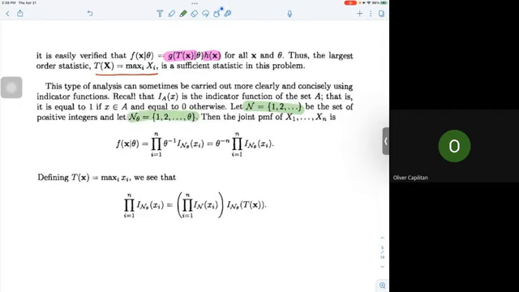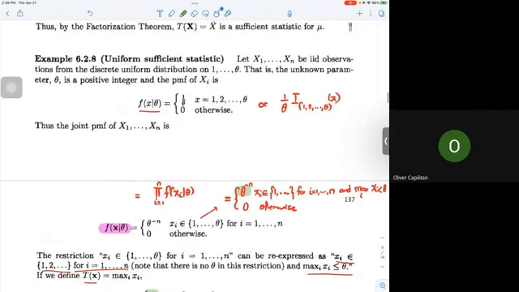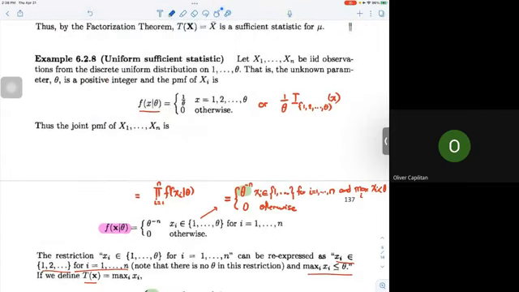So using the joint PMF, ito, yung joint PMF would be the product of this. And using our indicator function, ito na ngayon. Babalikan natin na yung kanina. Ito, ginawa natin ito, equal siya sa script N.